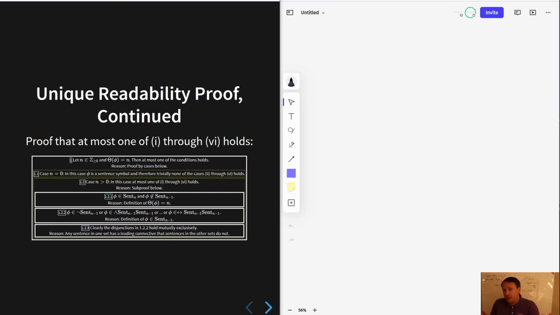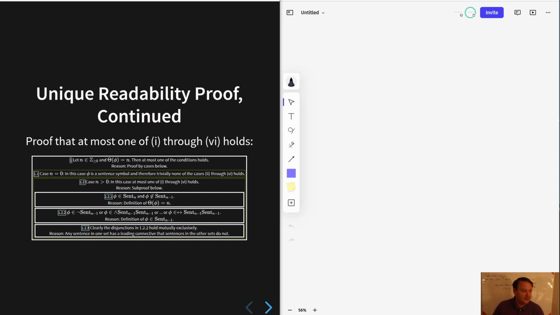So in summing up this argument, if phi is in negation of Cent n minus 1, then it satisfies the second clause, but none of the others. And then you can proceed likewise.